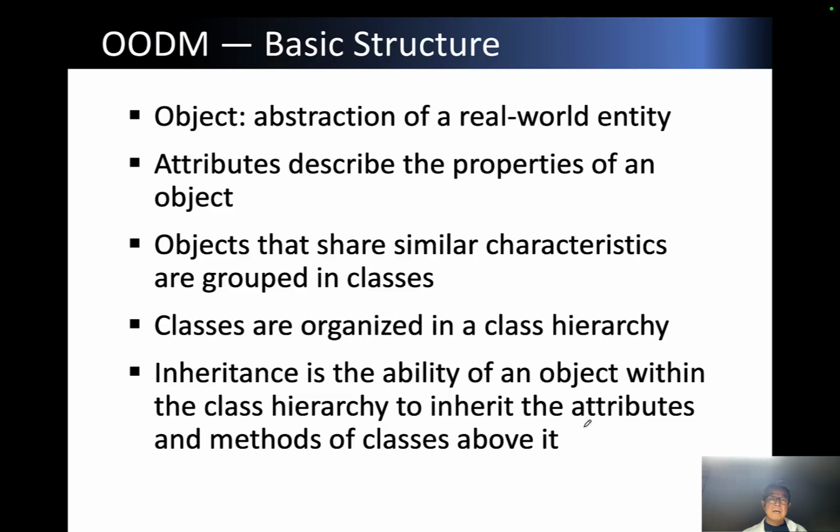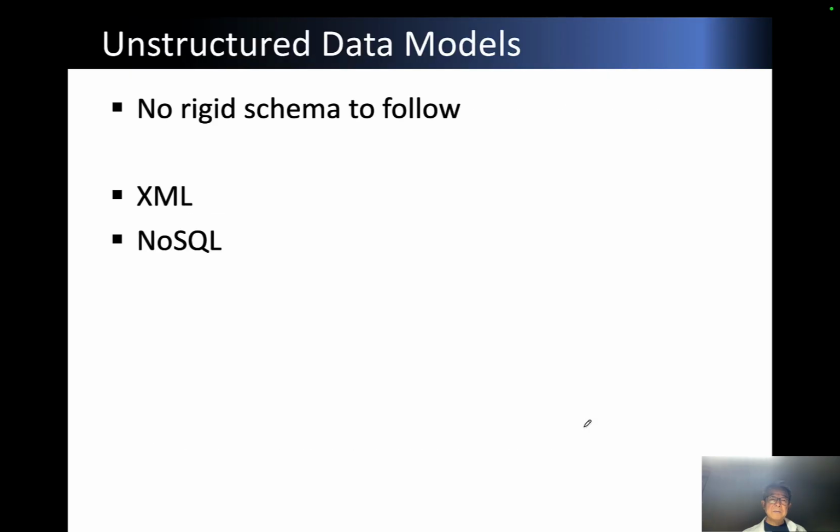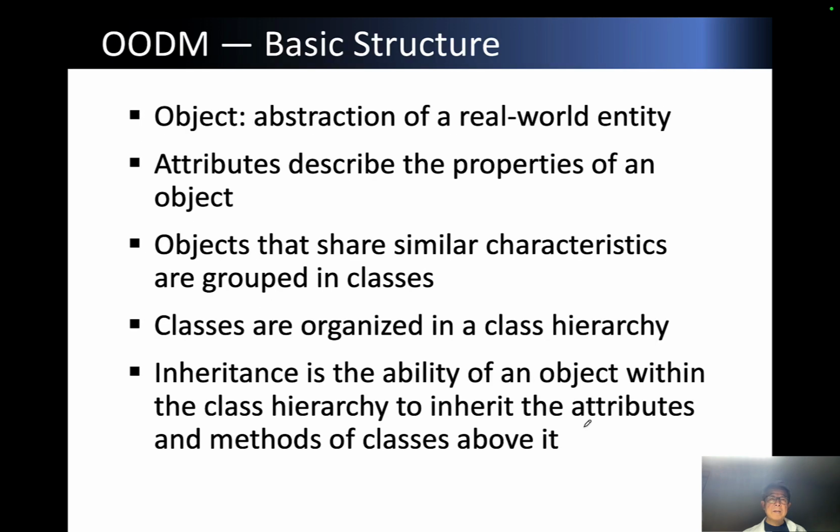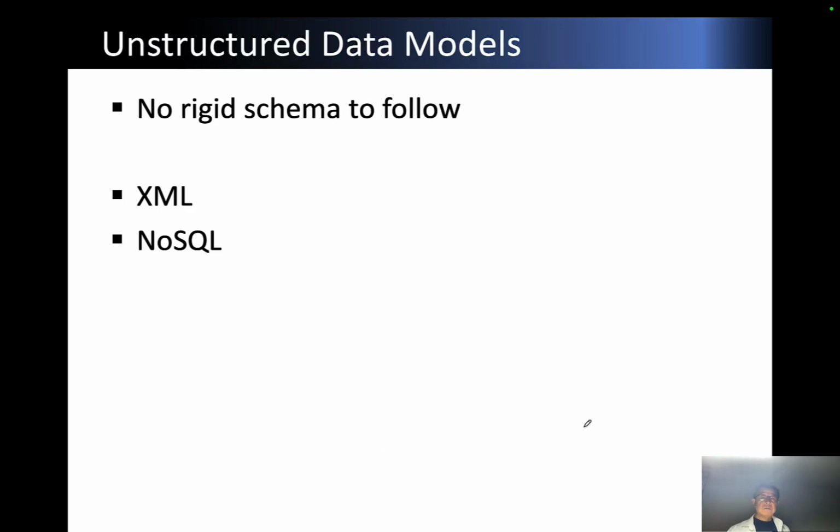Okay? And then after that, they combined the object-oriented and the relational database together, right? I want you to read that. And then finally, we can think of unstructured data models. If we use XML or NoSQL, then it could be possible.